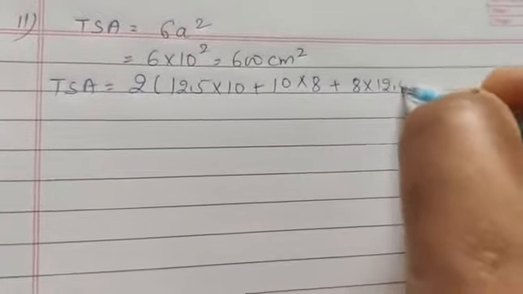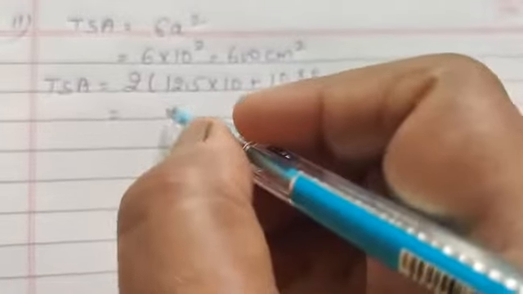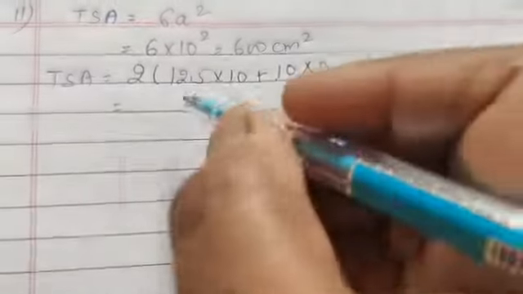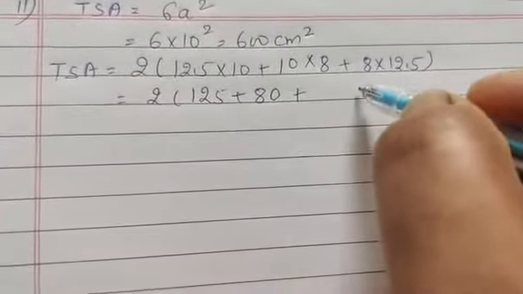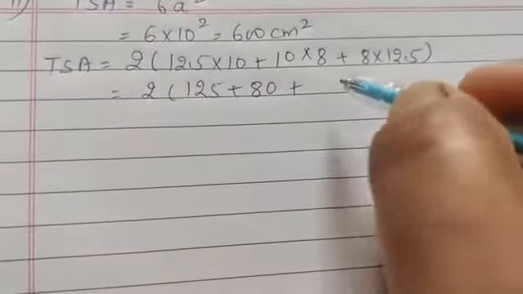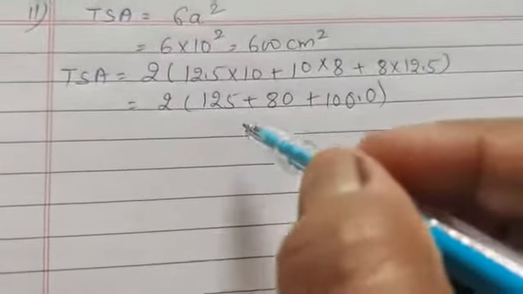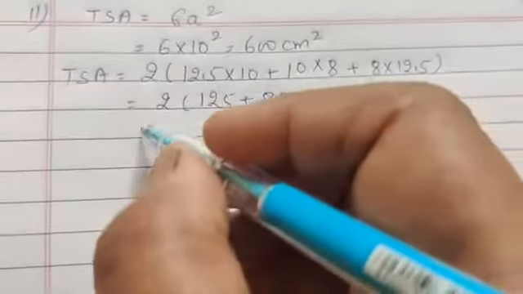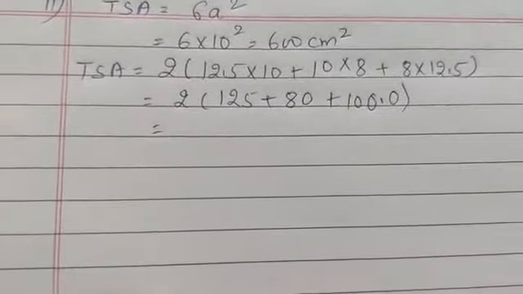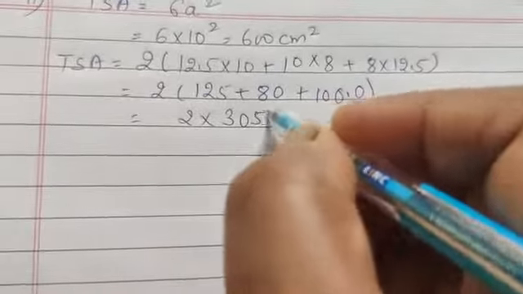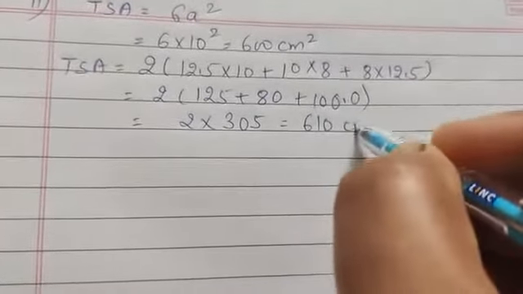Calculating, 125 plus 80 plus 100, which is 305, and 2 into 305 is 610 centimeter square.